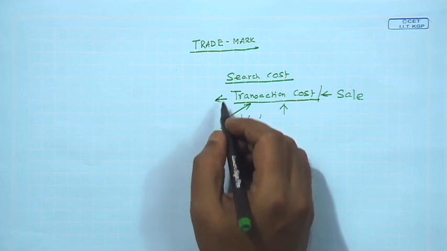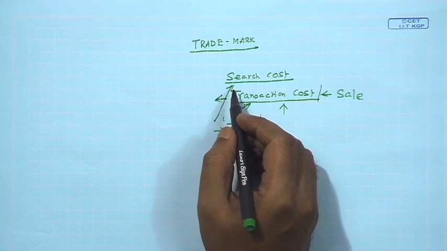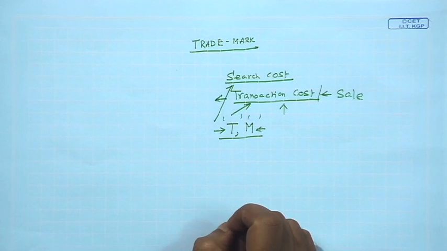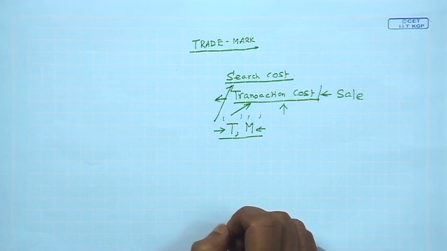Why is the time for procurement increasing? Because of the time involved in respect of search. Okay. So, if there is no trademark, then your transaction cost will increase because of the increase of search cost. Okay. As search cost increases, by virtue of that transaction cost will also increase.